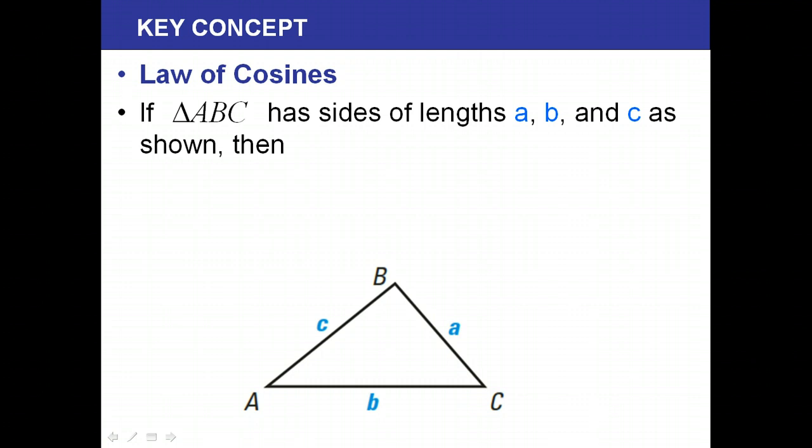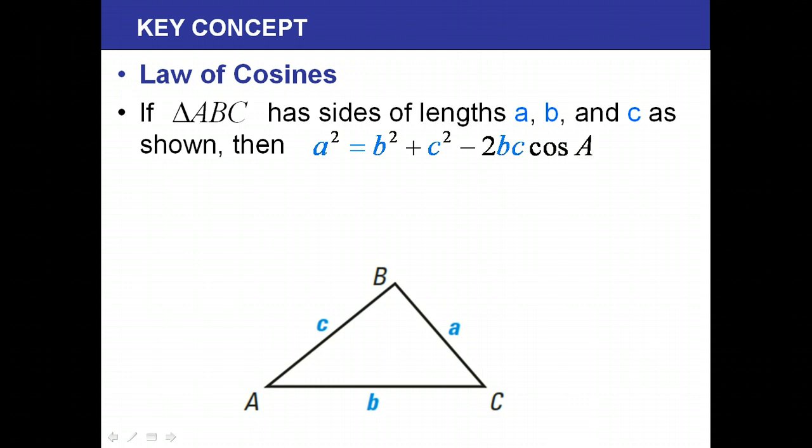Using the same setup as before, where side a is opposite of angle A, lowercase b is the length of the side opposite angle B, and lowercase c is the length of the side opposite angle C. What the law of cosines says is that a squared is always going to equal b squared plus c squared minus 2 times b multiplied times c times the cosine of A. Now I know that looks fairly complicated, but once again, you really only have to learn one of these, even though we're going to do 3 of them, because the pattern is so similar.